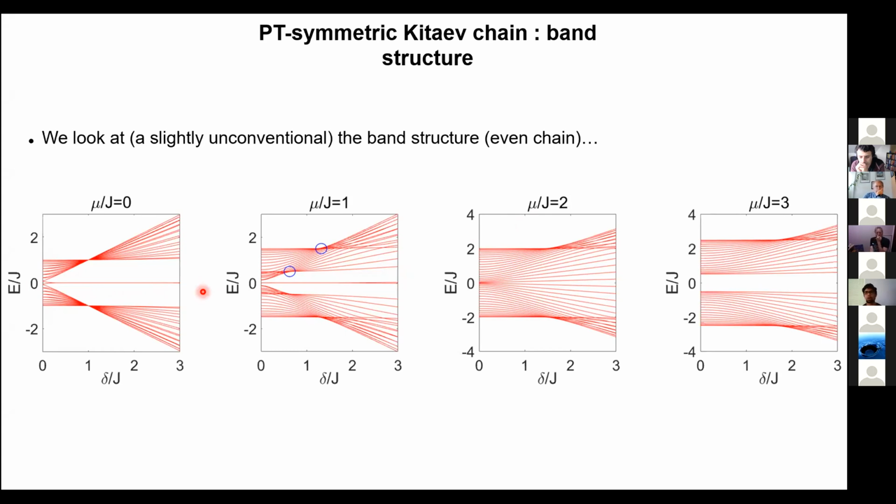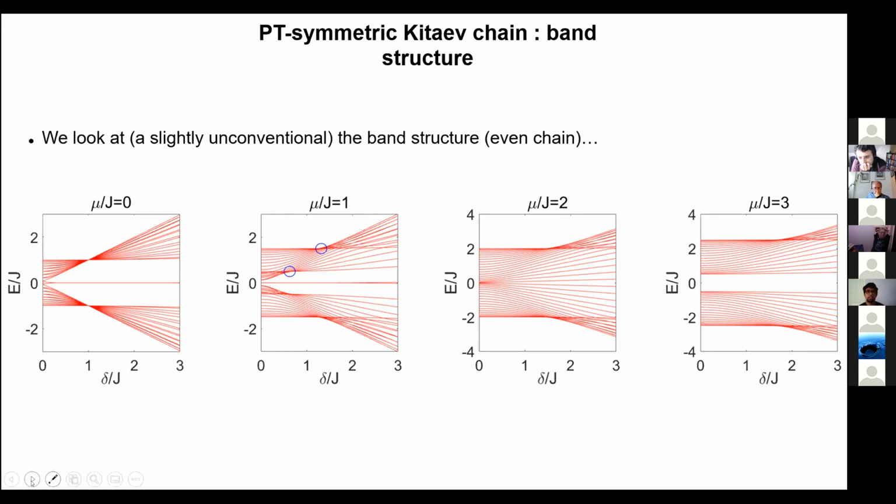But I'm not going to delve into those aspects. We are just looking at the PT threshold profile of this chain. So as you can see that it opens up, and then you have an open structure over here. These top ones are called the bulk states, and these are the edge states.